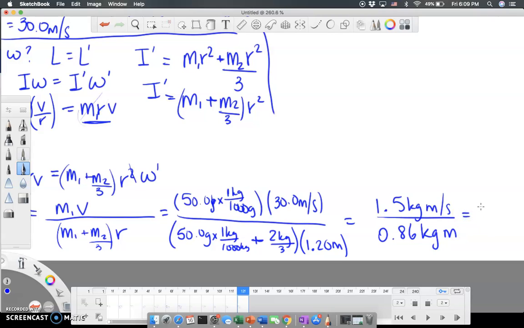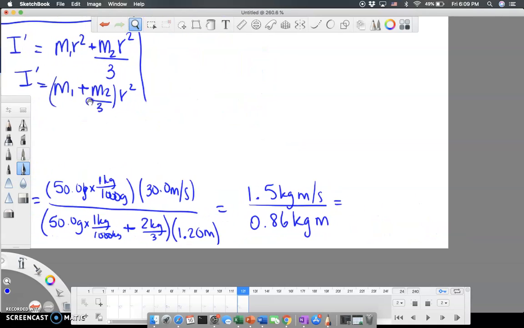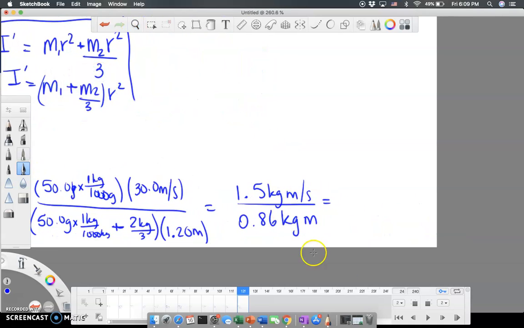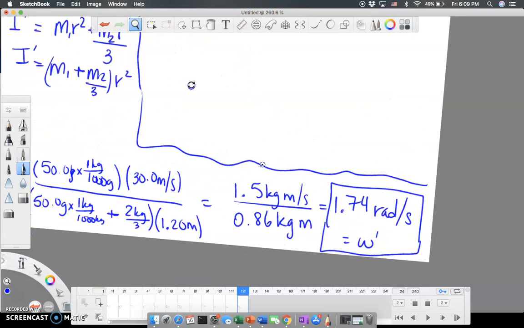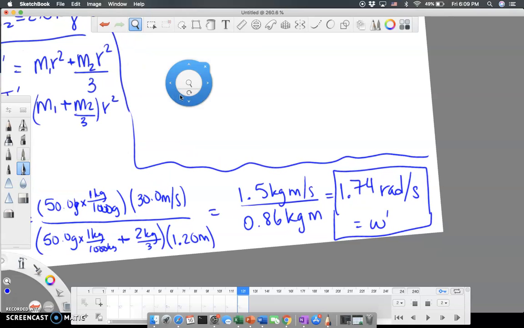So then we have 1.5 divided by 0.86, and we get our angular velocity to be 1.74 radians per second. Again, this is our angular velocity after the collision.